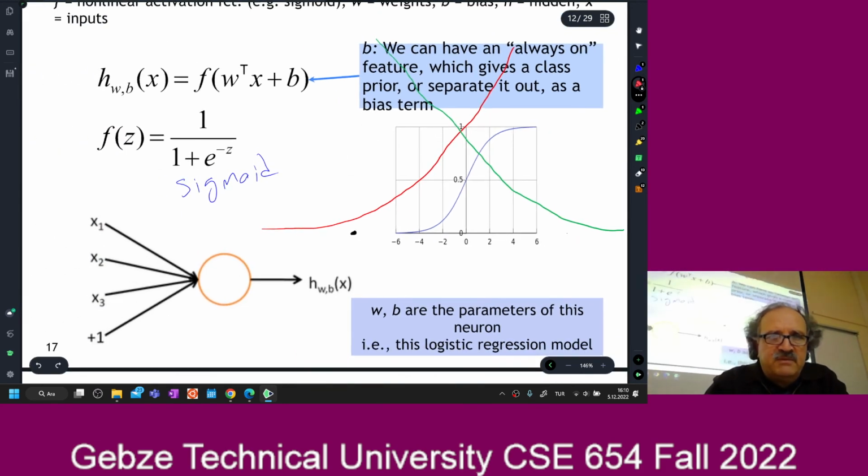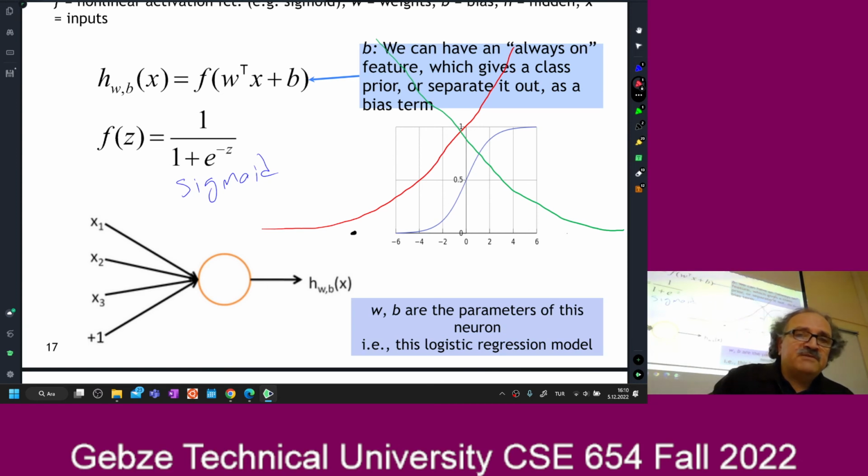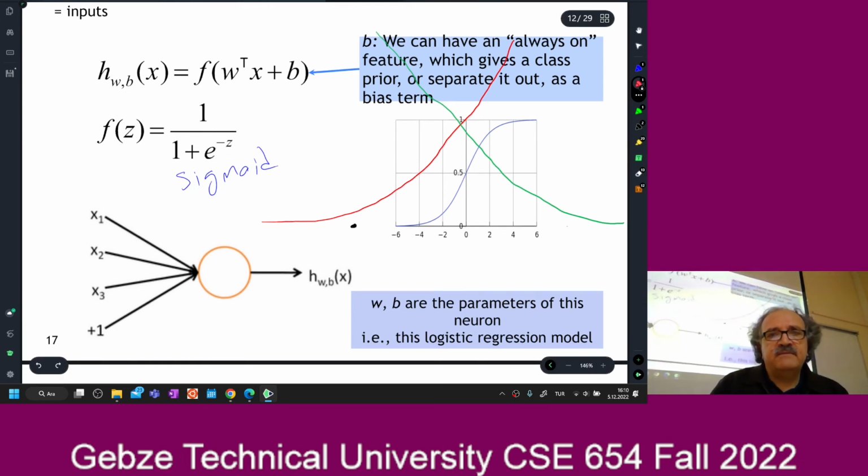what would you get with this one? What would be the highest value that f(z) can take? If this one is 0, then it's going to be 1, right? If this one is a very, very big value, then it's going to be 0, right?